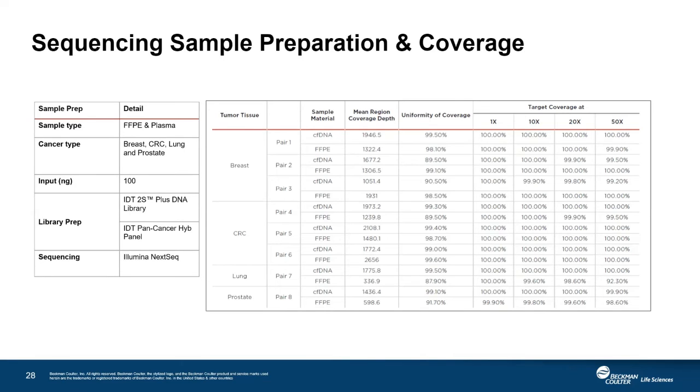So again, this is just a little bit more credence to the fact that these are easily automatable and amenable to a lot of different scales of workflows. You can see in the table on the right, the sequence coverage, and this is what's really important, is that all samples had sequence coverage of 50x at least 92% of the bases sequenced.